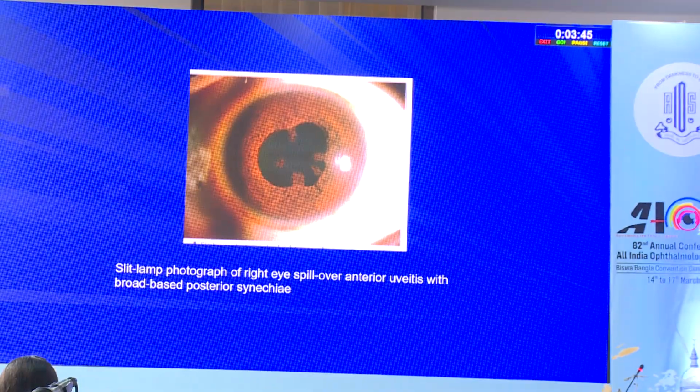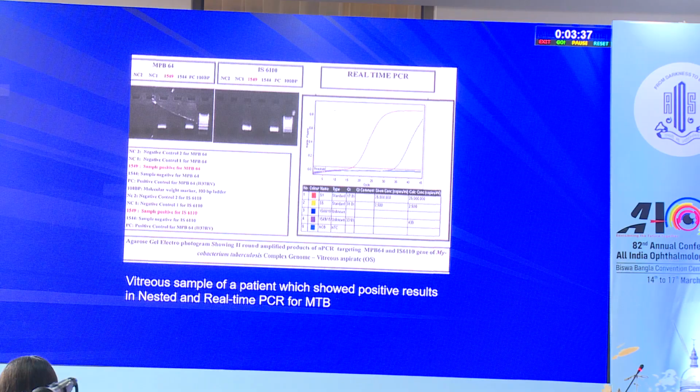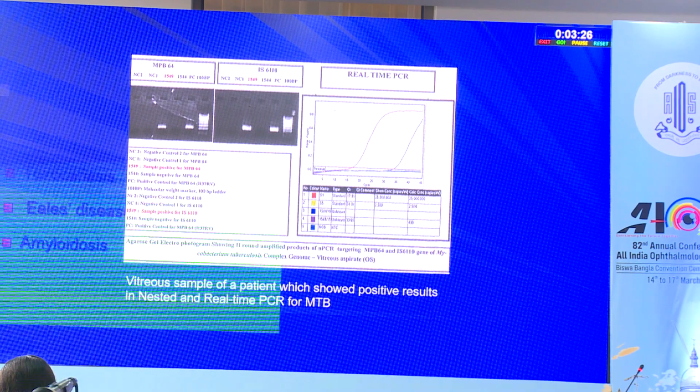This is one example: granulomatous uveitis with broad posterior synechiae, vitreous exudates and cells. These patients had undergone vitrectomy for diagnostic reasons, and the vitreous aspirate on real-time PCR and nested PCR was positive for Mycobacterium tuberculosis DNA.